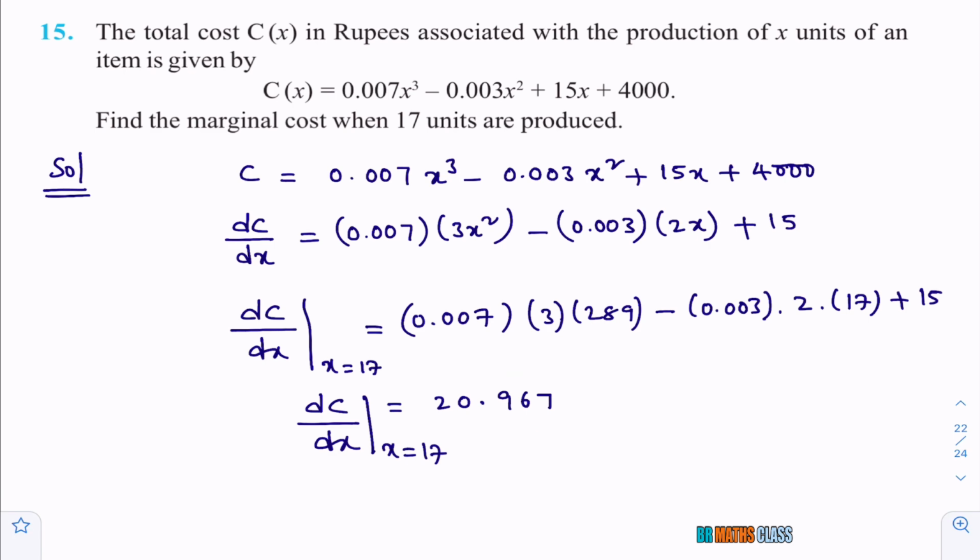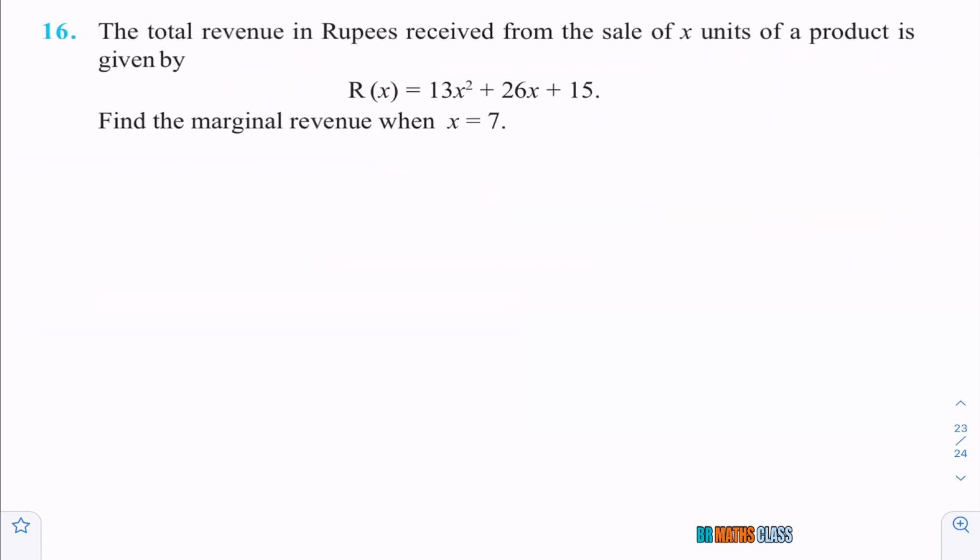The coming two problems are also similar type of problems. Observe question number 16. The total revenue in rupees received from the sale of x units of a product is given. They are asking to find the marginal revenue. When total revenue is given, to calculate marginal revenue, the formula is dr by dx.